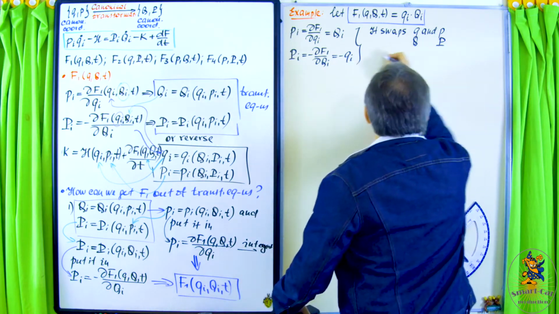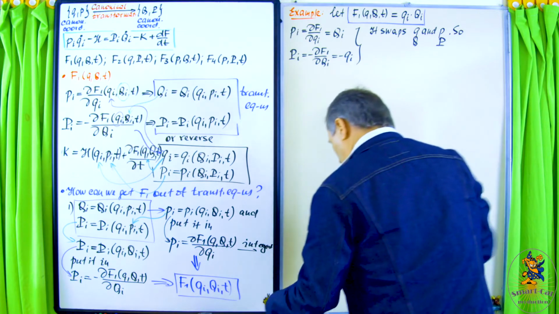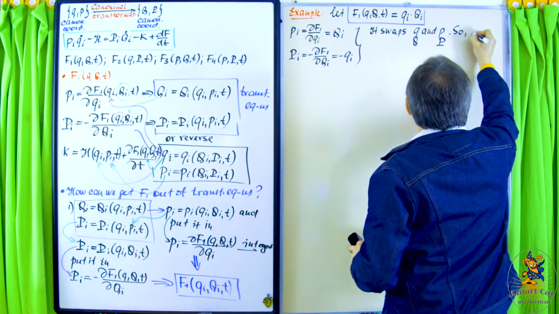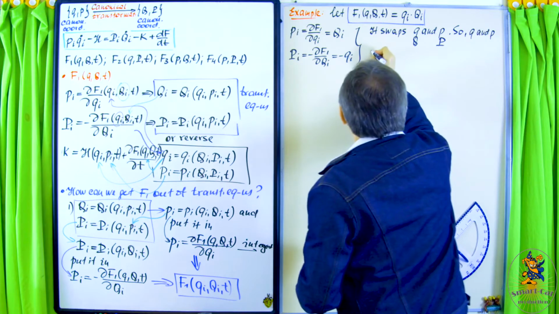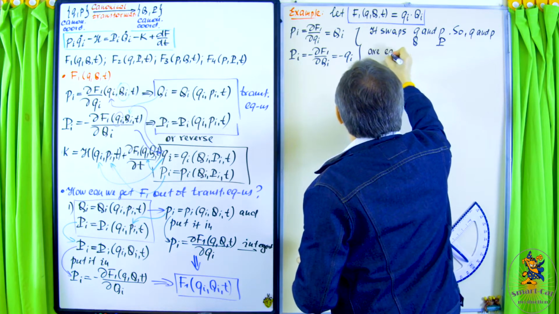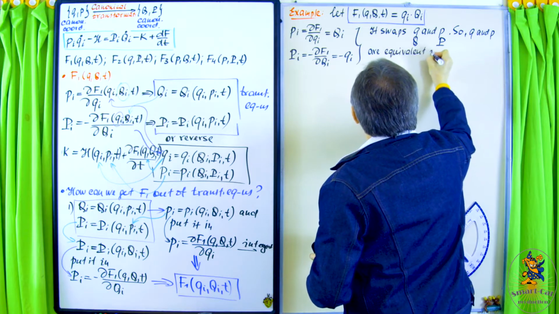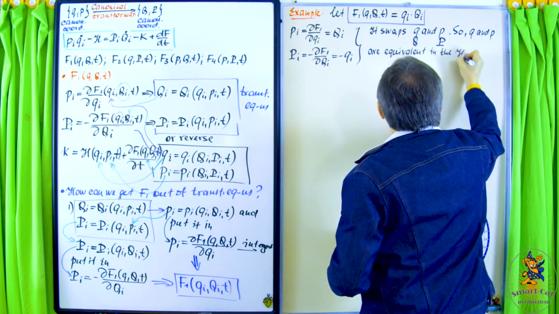Maybe I'll write here. So Q and P are equivalent in the Hamiltonian formalism.